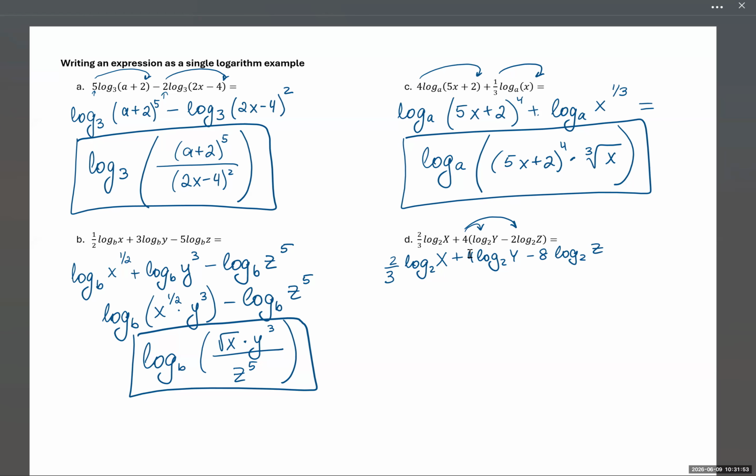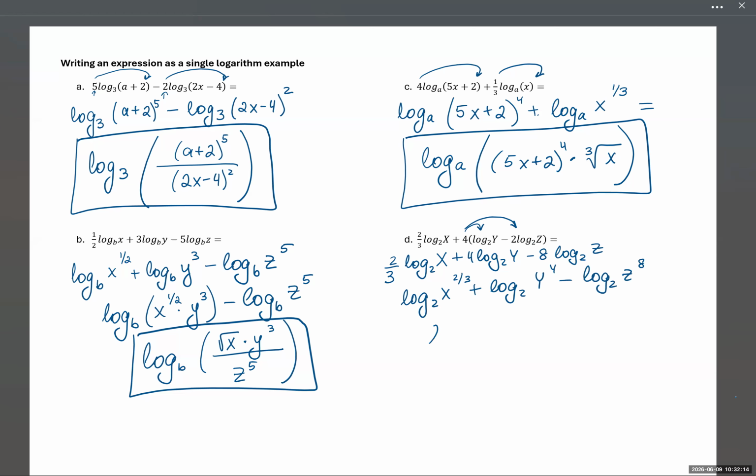Now put the numbers in front of the logs into the exponent form. So log base 2 of x to the 2/3 power plus log base 2 of y to the 4th power minus log base 2 of z to the 8th.